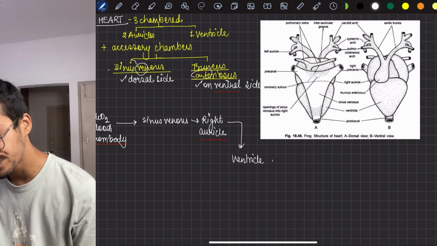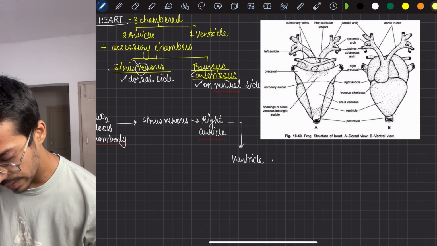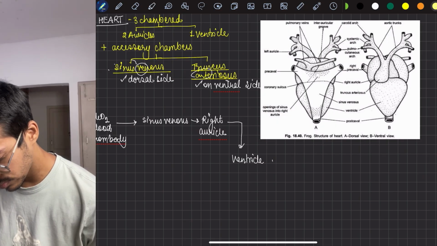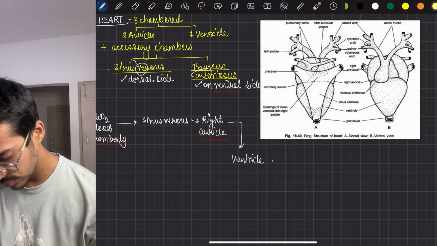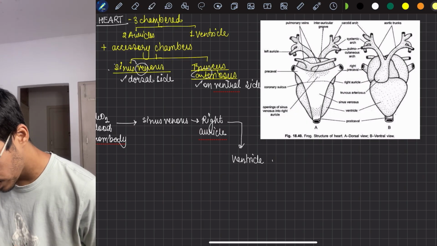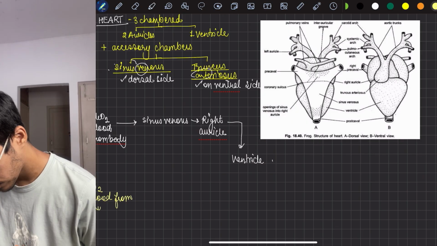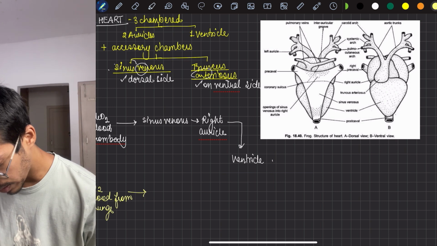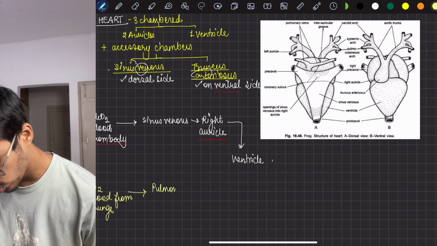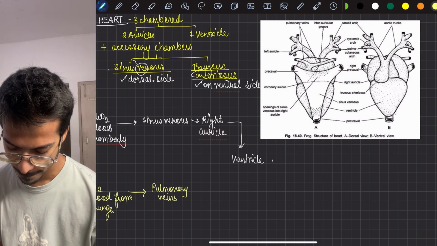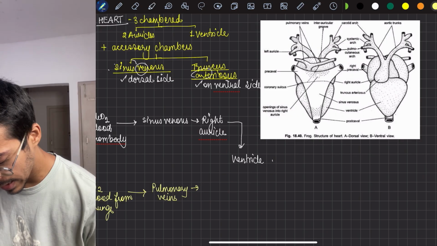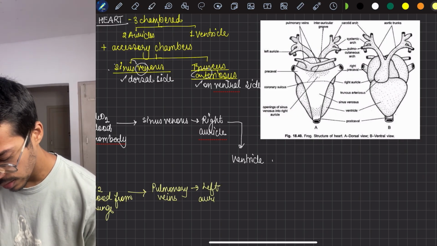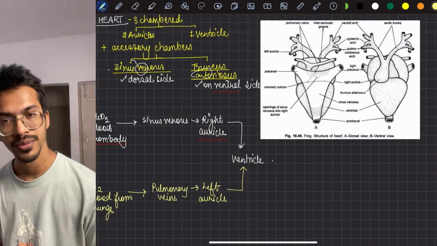Simultaneously, what will happen? There is oxygenated blood from the lungs. It comes through the pulmonary veins into the left auricle, and it will also reach the ventricle.